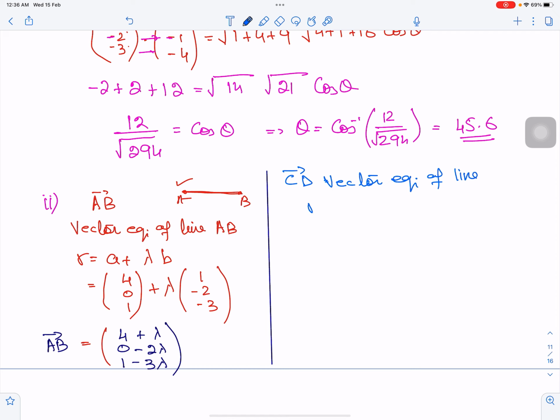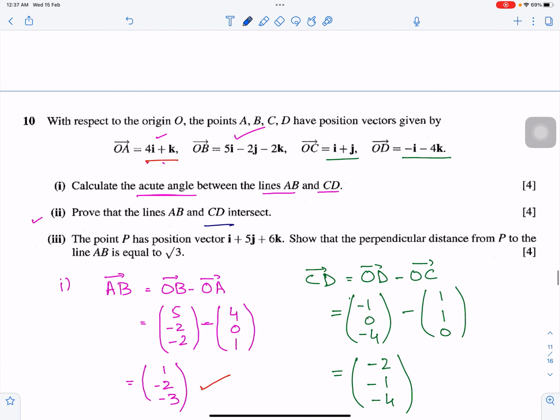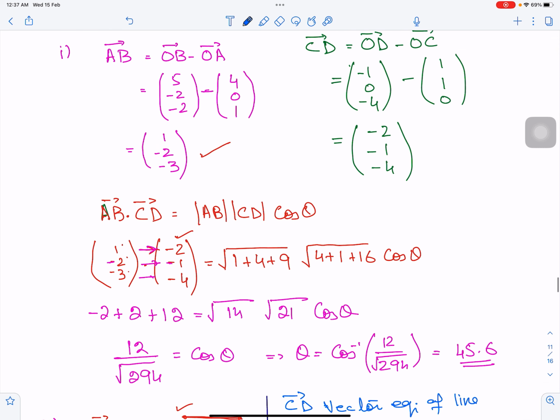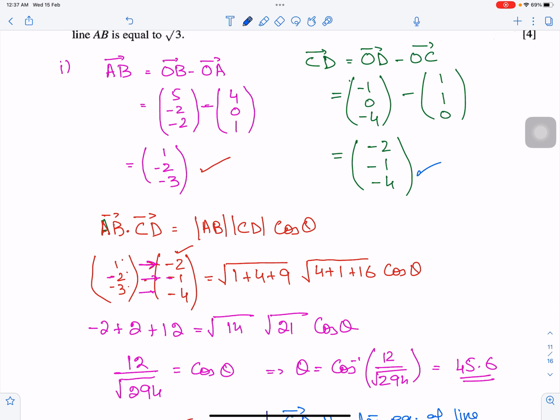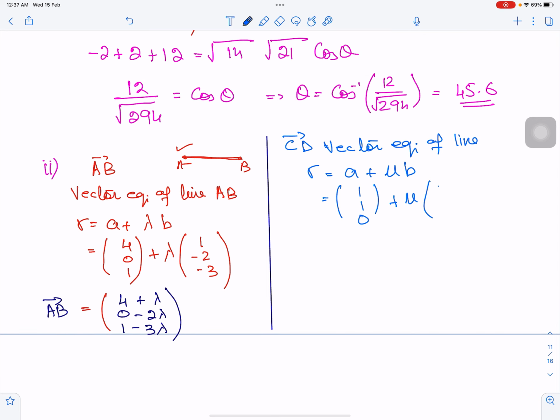So it will be r equals a plus, instead of lambda let me use mu b, okay? a is my any fixed point, either C or D. Suppose I'm picking up C. It will be 1, 1 and 0. And b is the direction of CD, which you have calculated here. This is the direction CD. Minus 2, minus 1, minus 4.